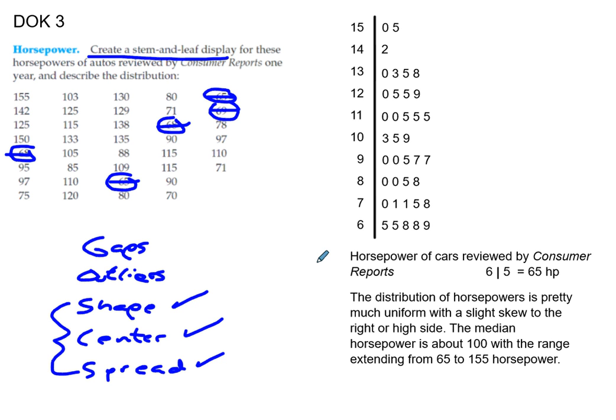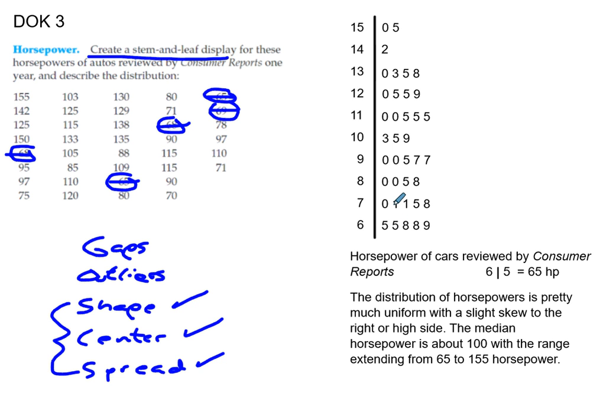And I just did the range, really, because most of the values are going to be between 65 and 155. I've seen some people interpret this as most of the values fall between 65 and 138.